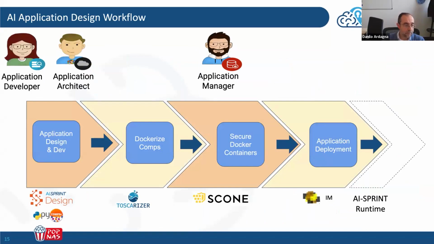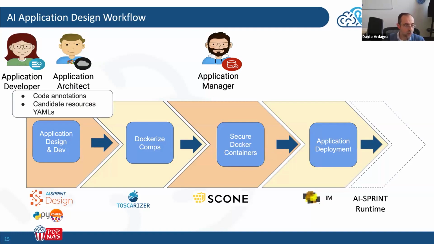We start by helping the application developer and the application architect with this AI-SPRINT Tools suite, where we include the Sprint Design that supports the quality annotation, PyCOMPSs, which is the solution developed for high performance computing by the Barcelona Supercomputing Center, and PoPNAS, which is our neural architecture solution, where, starting just from labeled datasets, we can obtain a neural network that maximizes the accuracy of the models and also guarantees the performance of the execution of the models at inference in production.